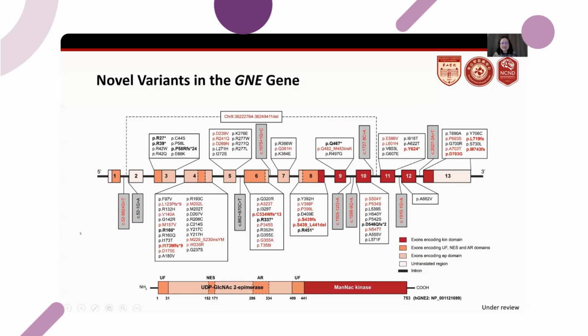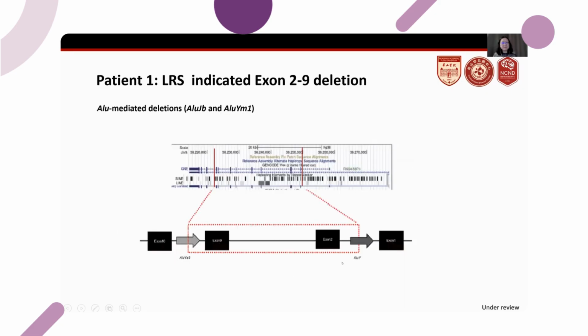The other thing that amazes us is that, just like the NIH group just reported, we also found about 23 novel mutations along the GNE gene, which have not been included in the database. So the pathogenicity of these novel mutations remains to be determined.